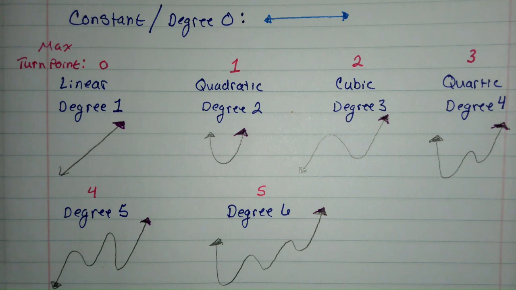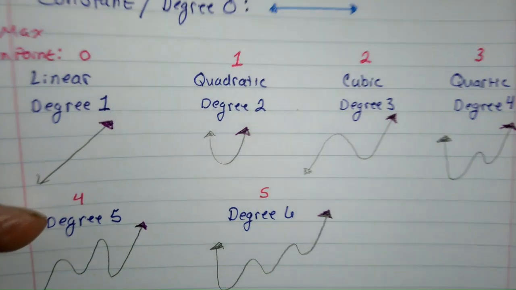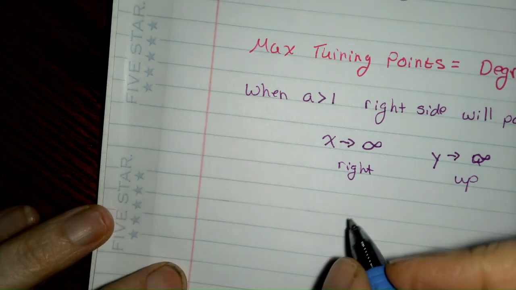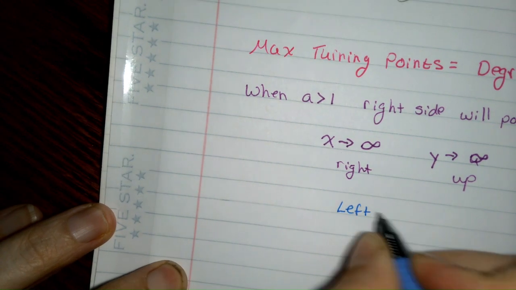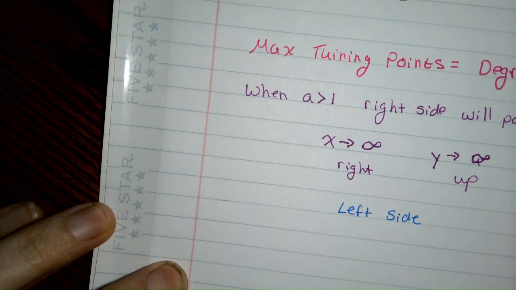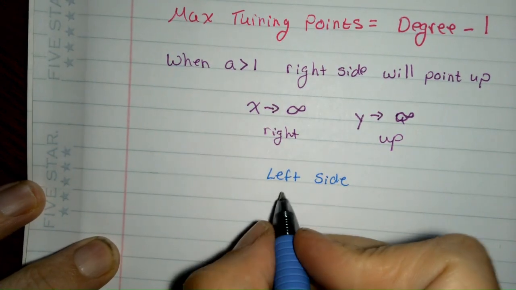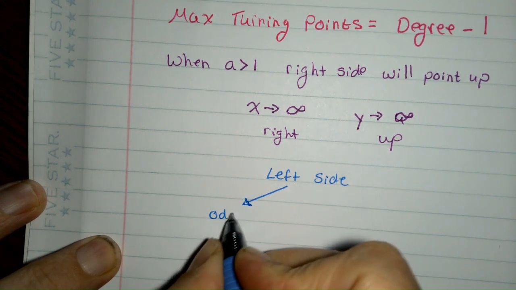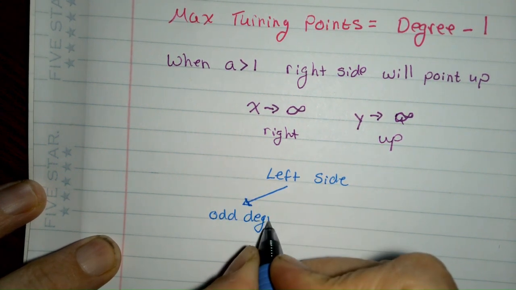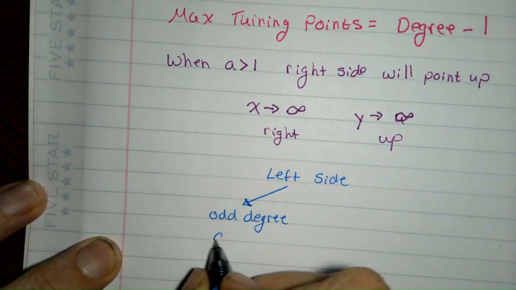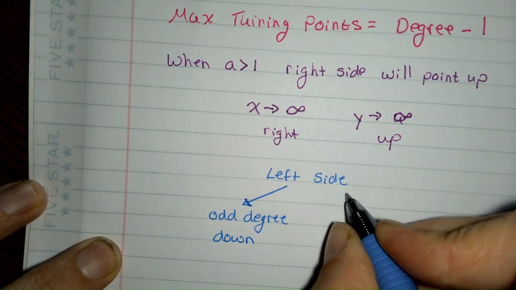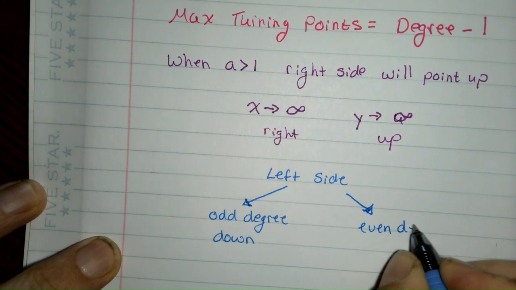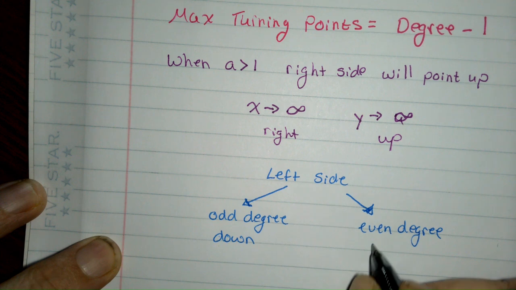So when the degree was odd, it was down. When it was an even degree, it was up.